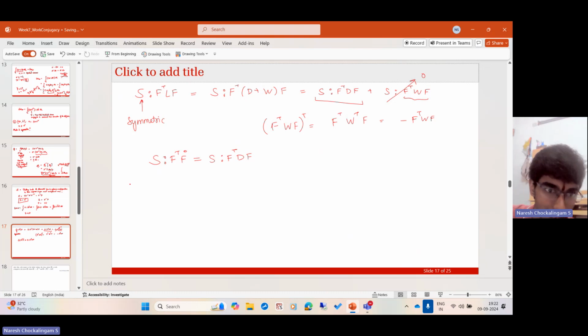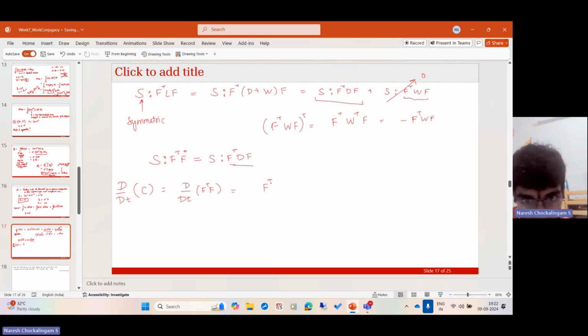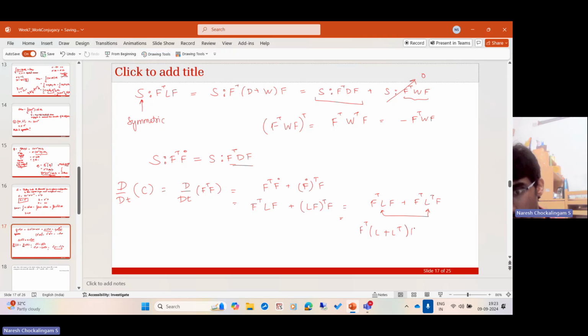But what is F transpose DF? To see this, we'll start with the material time derivative of the right Cauchy-Green strain tensor C. This is d by dt of F transpose F. So this is F transpose F dot plus F dot transpose F. But F dot is equal to LF, so we get F transpose LF plus F transpose L transpose F. Club these two, you get F transpose (L plus L transpose) F, which is nothing but 2 times F transpose DF.